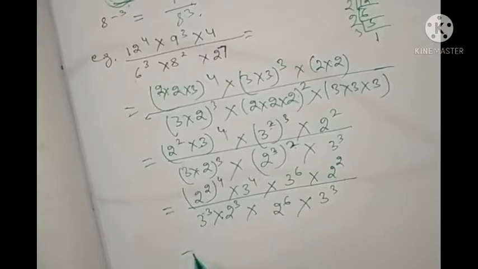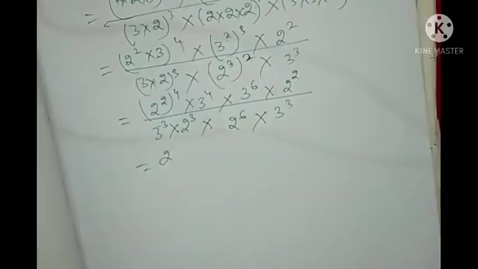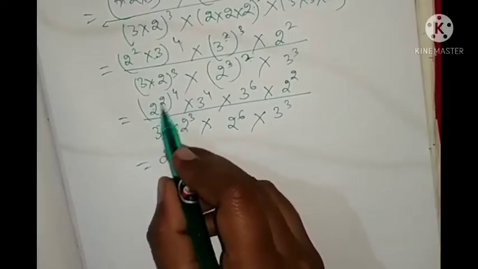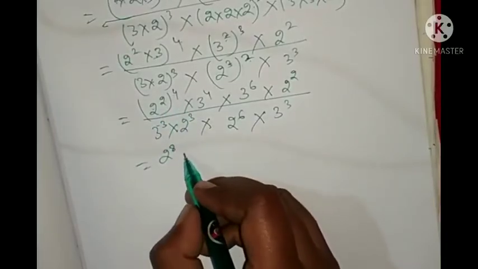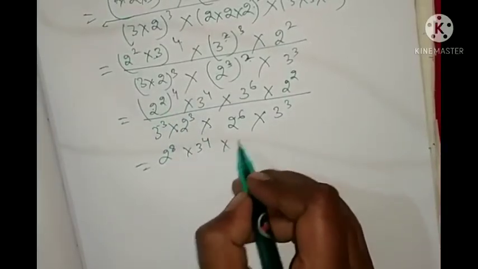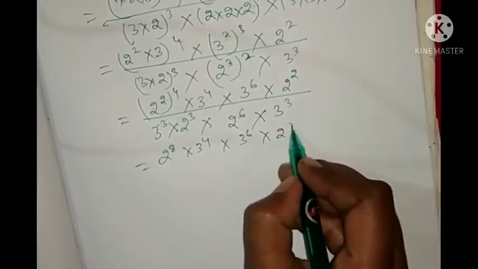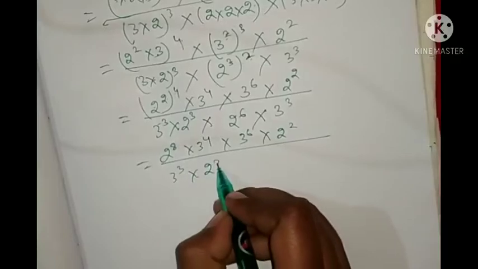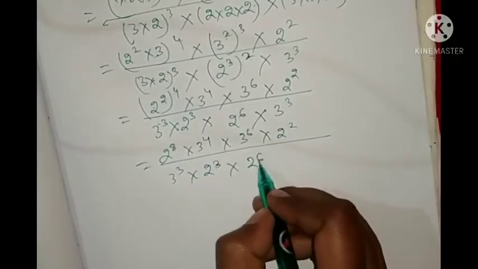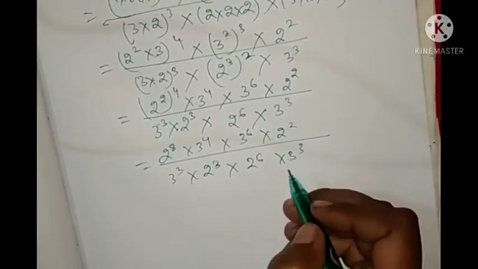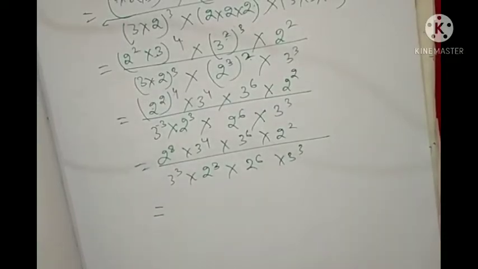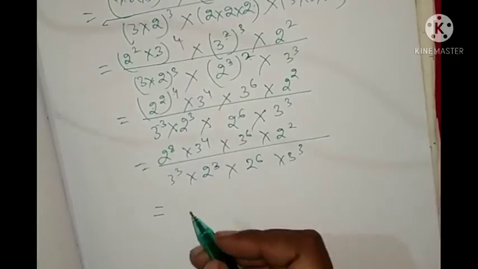So here we can write 2 to the power 8, because 2 to the power 2 into 4, into 3 to the power 4 into 3 to the power 6 into 2 to the power 2, then 3 to the power 3 into 2 cube into 2 to the power 6 into 3 cube. Now look at here, we'll bring 2 together and 3 together.